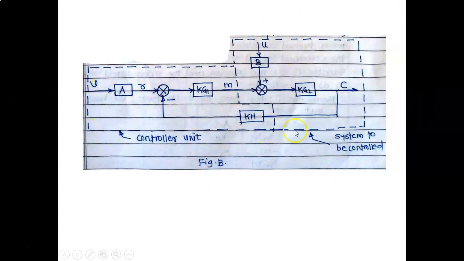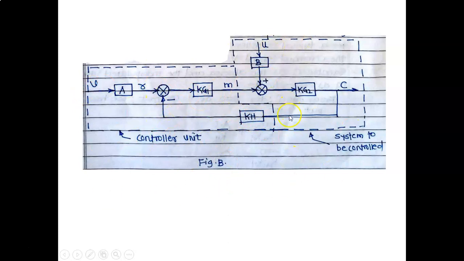First is controller unit and next is system to be controlled. This is the controller unit and this is the system to be controlled. Therefore KH is the feedback element, V is the input, also U is the input.